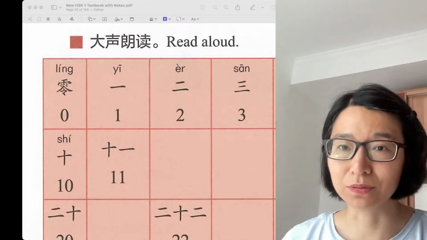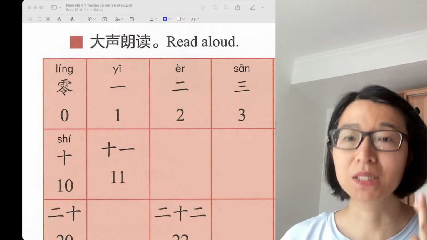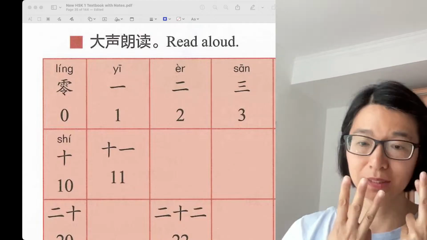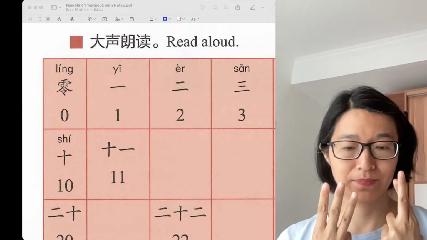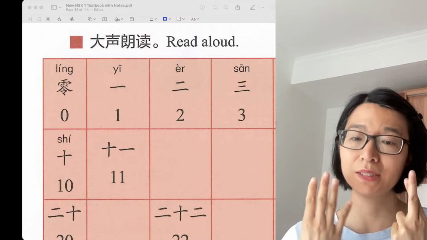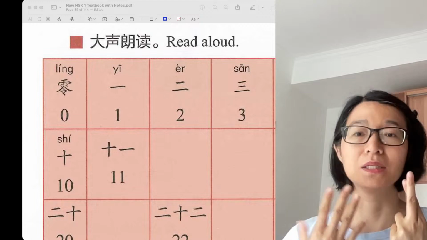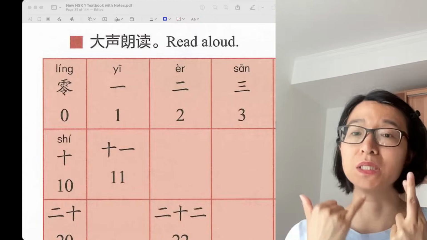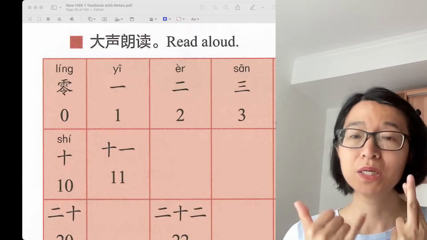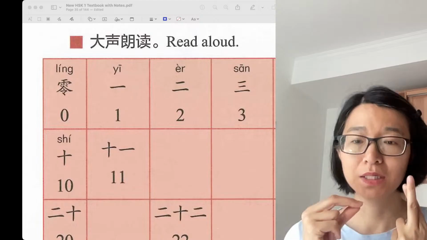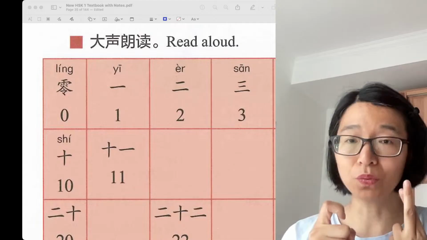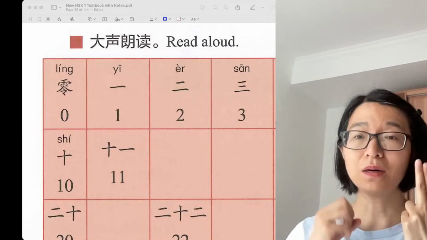Okay, continue. 13, 14, 15, 16, 17, 18, 19. Great. 20.